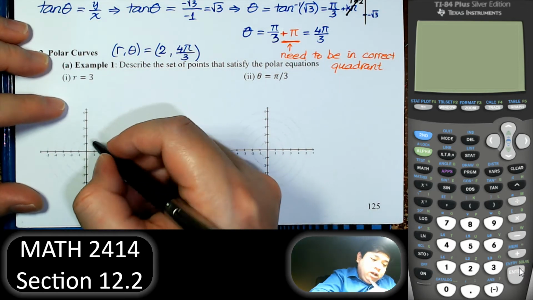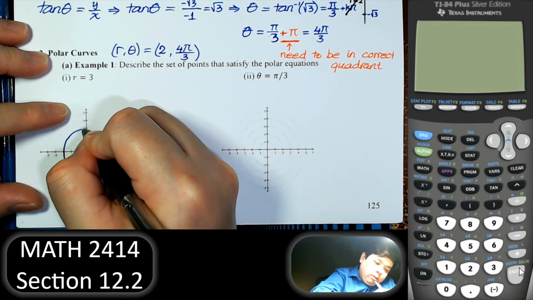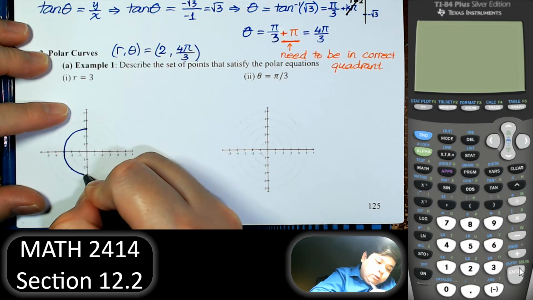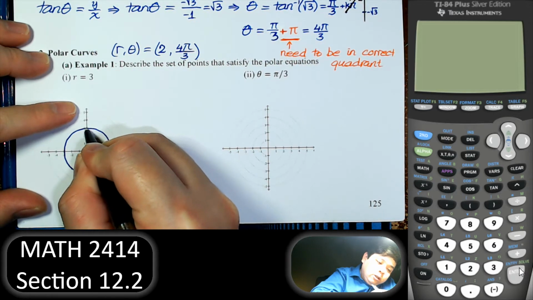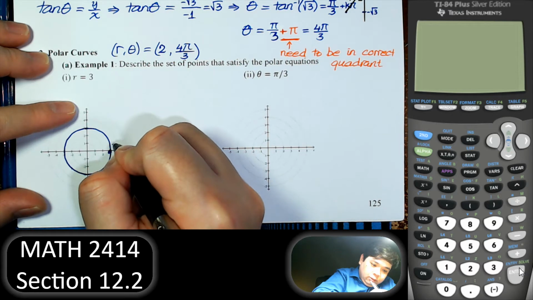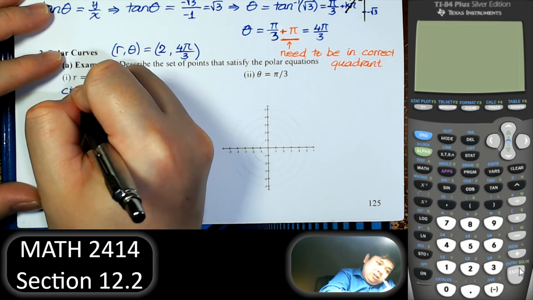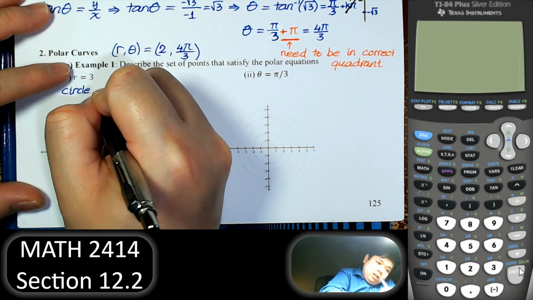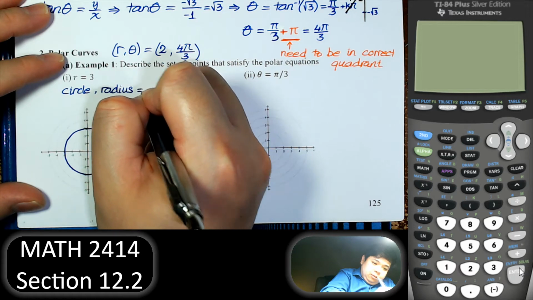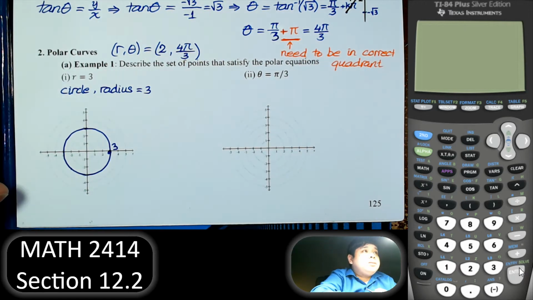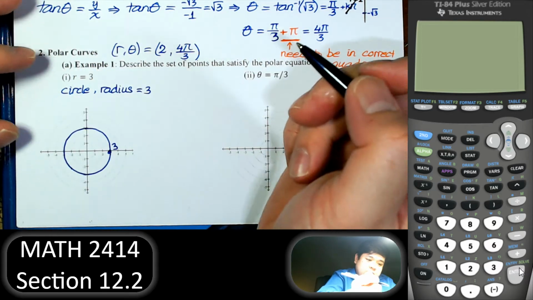R equal to 3 means that we have all the points distant 3 away from the pole. So in that case we have the circle of radius 3. So that gives us a circle.